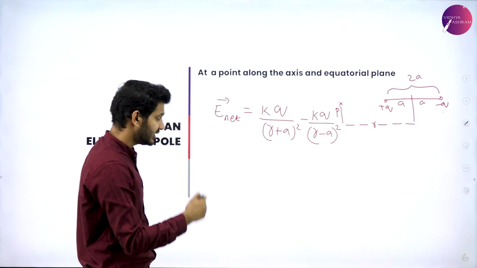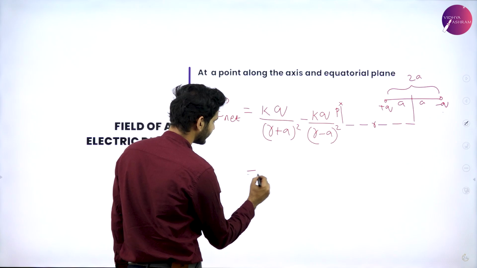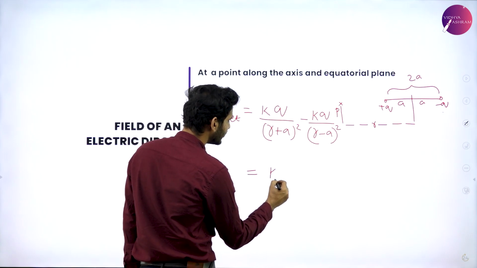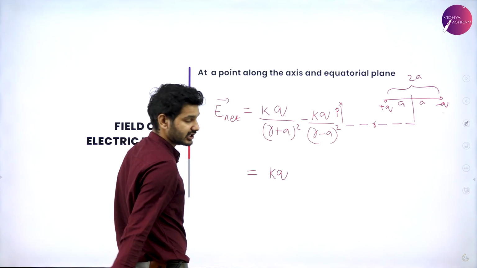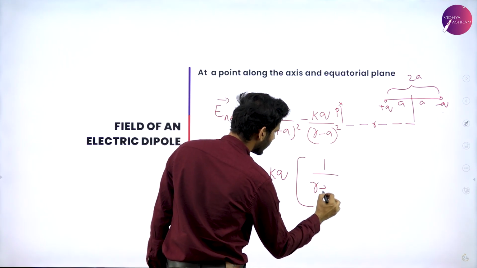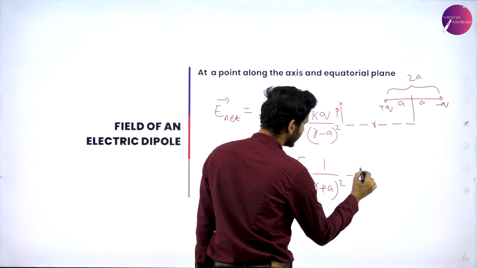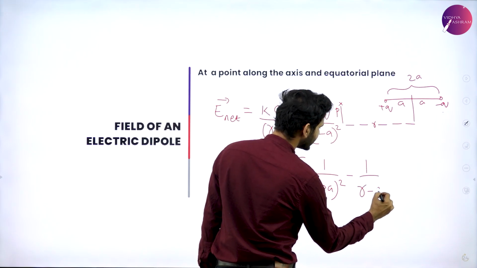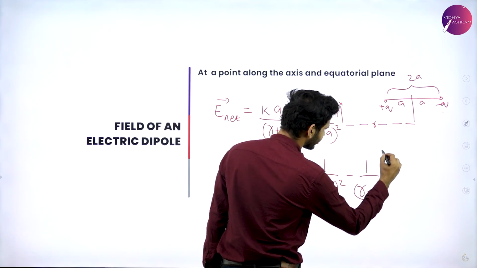So on adding these two together, KQ will be common in both equations. So we'll take that out, and then the remaining will be 1 by (R plus A) whole square minus 1 by (R minus A) whole square.